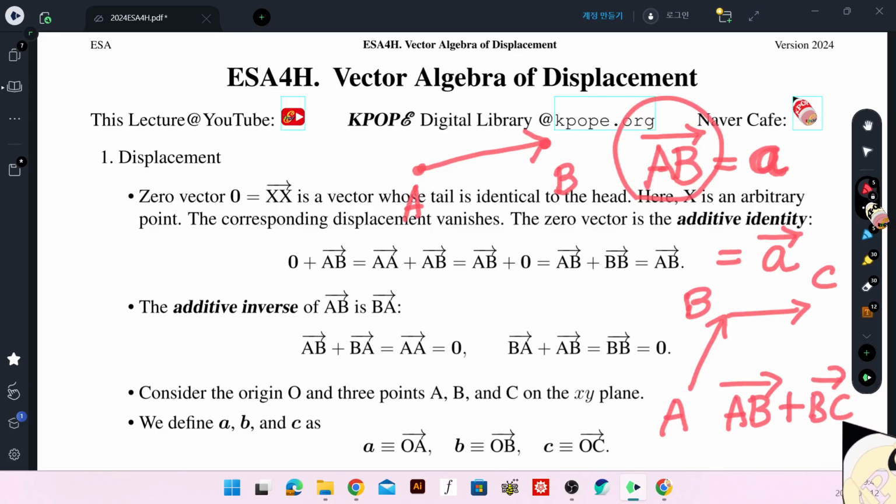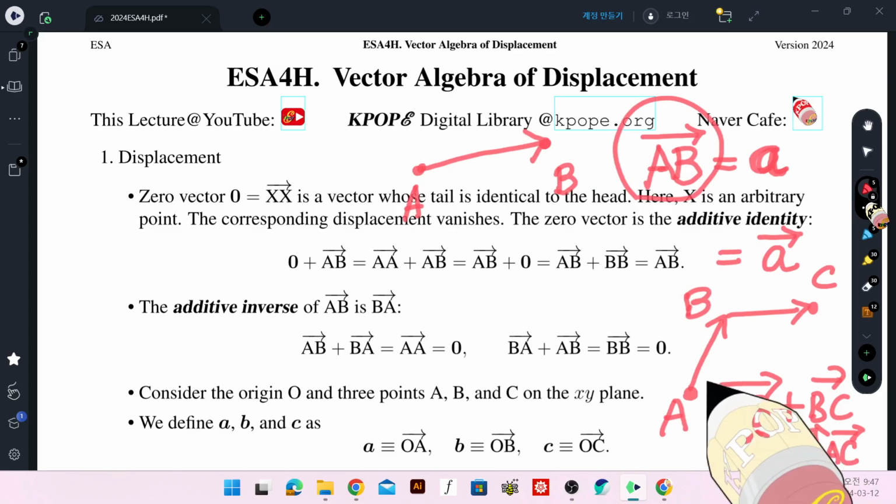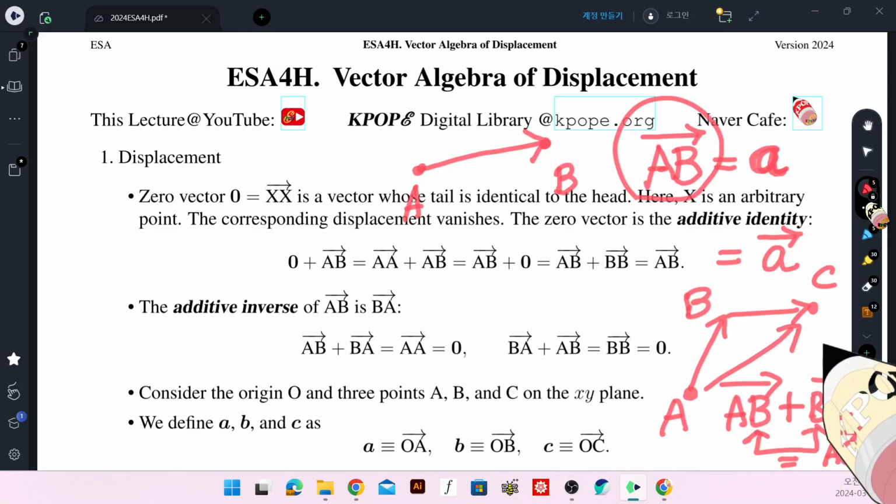If I add the two vectors, the head of the first vector is identical to the tail of the second vector. Then I can combine them into a single displacement vector connecting the starting point and end point directly. So this is the addition, the sum of these two displacement vectors.